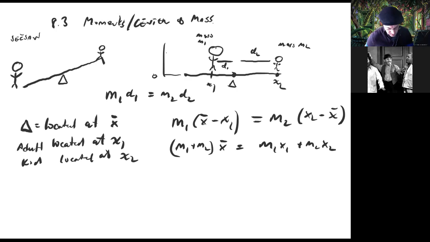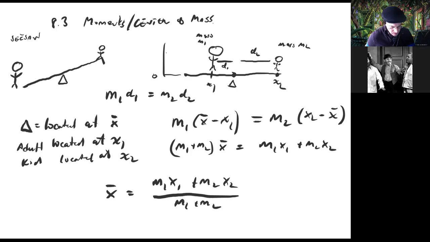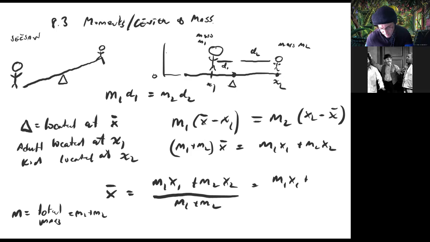And then we can solve for x bar, and we get that x bar is m1 x1 plus m2 x2 over m1 plus m2. So we can set m equal to the total mass, m1 plus m2, and we get m1 x1 plus m2 x2 over the total mass.